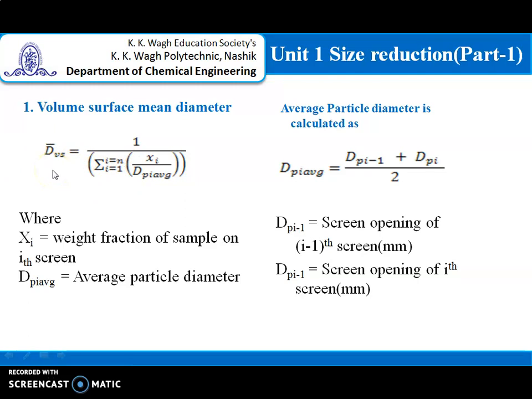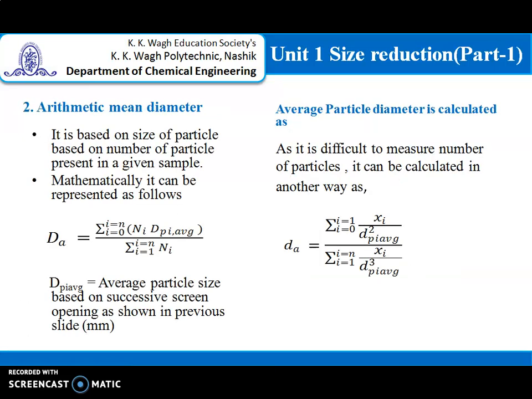So even though your sample varies in size, all these varying sizes are combined and can be expressed by a single equivalent size, that is the volume surface mean diameter. It is a very popular one, and we will be using it throughout the course for various calculations.